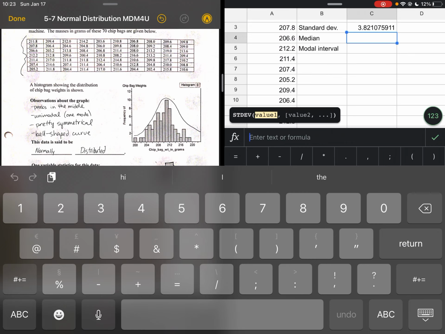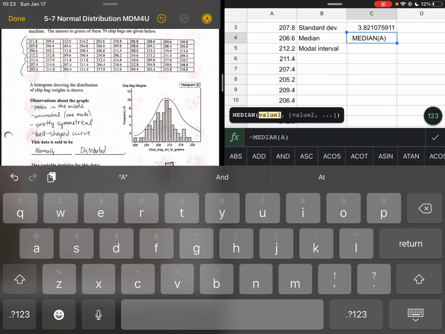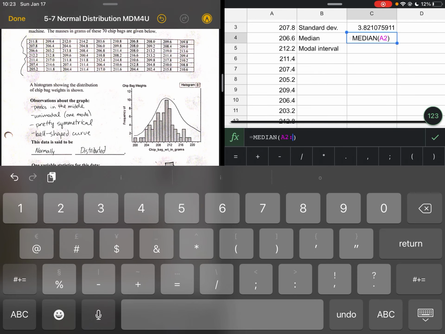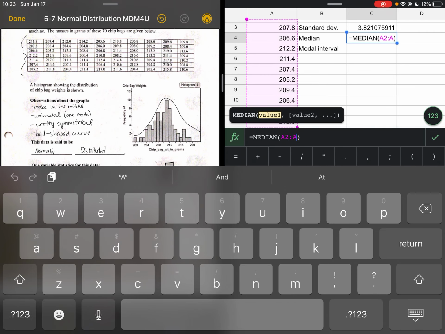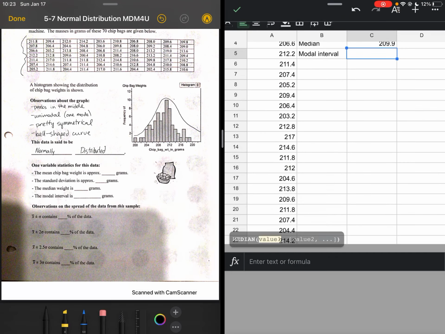And then I'm also going to find my median. So equals, I'm going to start typing out median. It shows up right there. I'm going to enter the range that I want to calculate, A2 to A71, same as before.